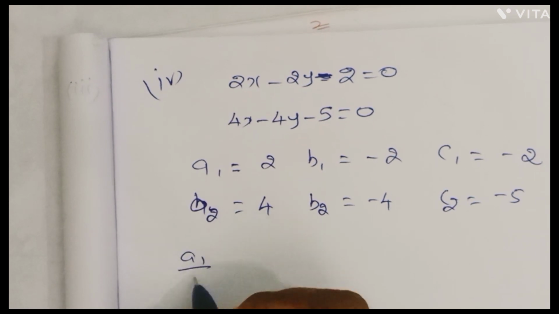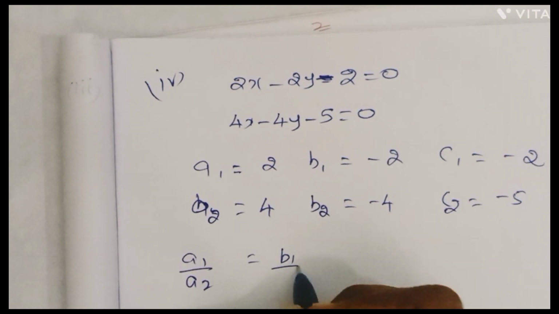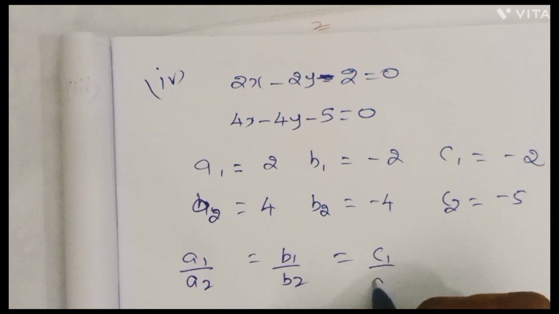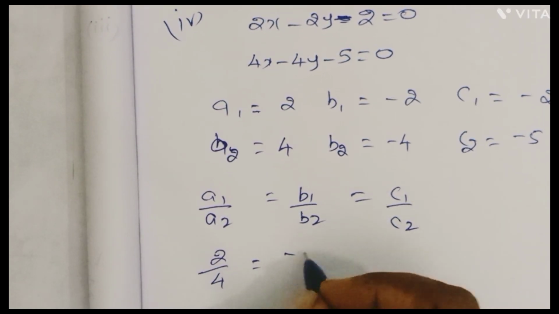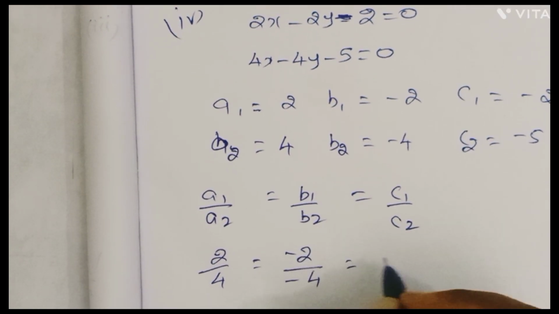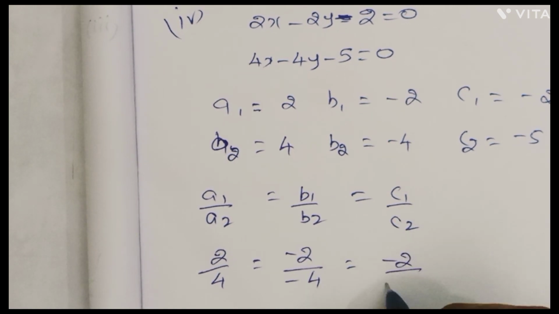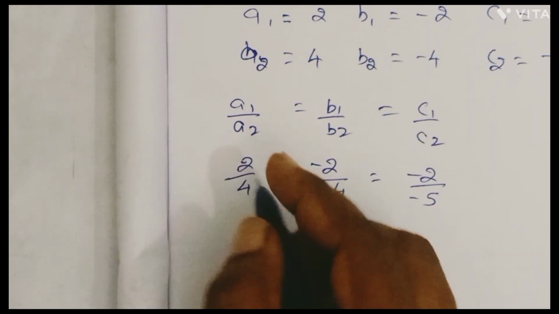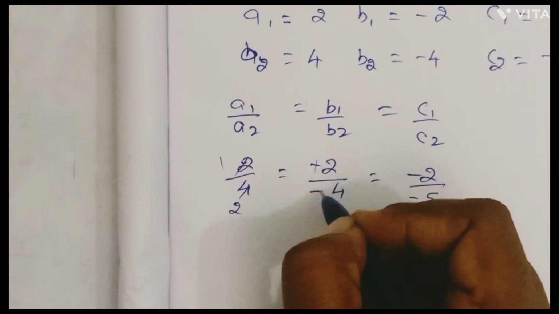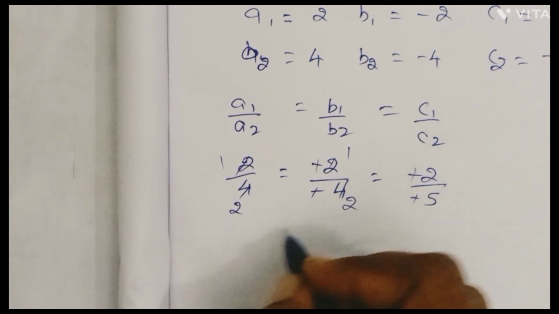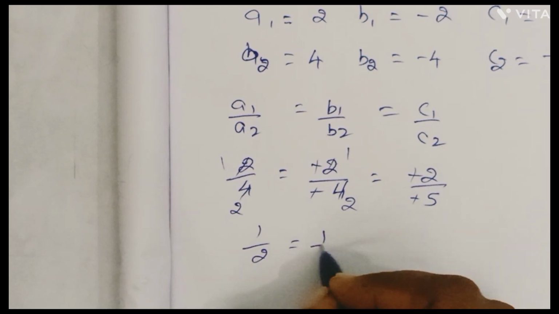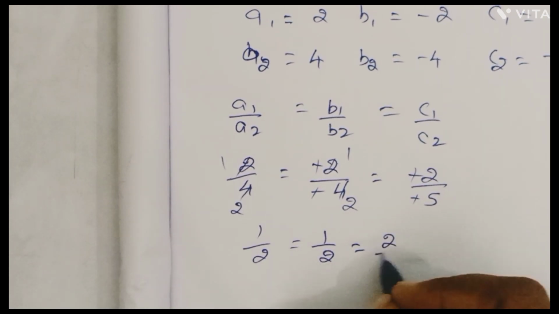Now a1 by a2 is equal to b1 by b2 equal to c1 by c2. So 2 divided by 4 equal to minus 2 by minus 4 equal to minus 2 by minus 5. Minus minus gets cancelled. 1 by 2 equal to 1 by 2 equal to 2 by 5.